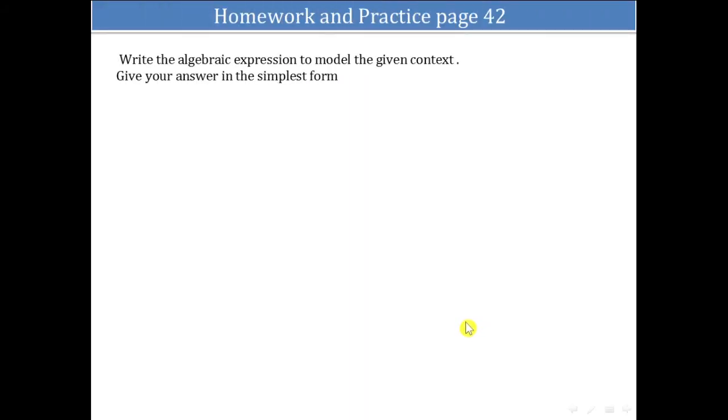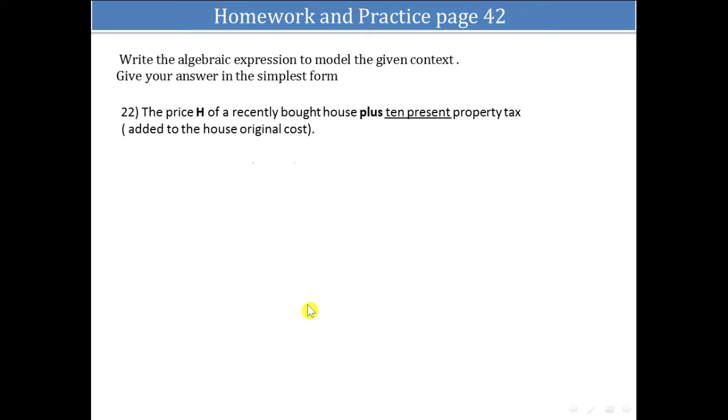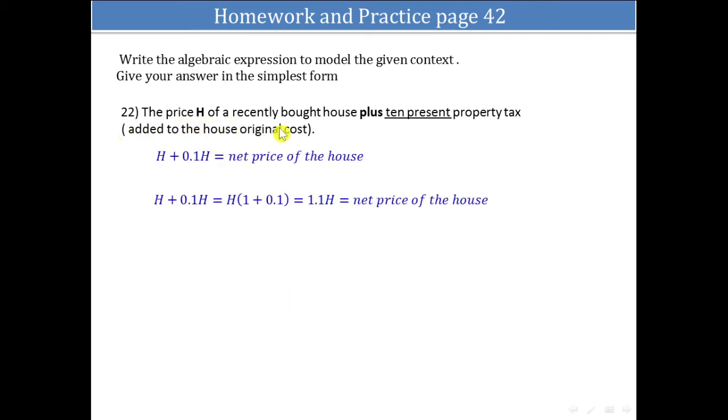Okay, let us take another two questions from the same page, I think. 22. The price of a recently bought house plus 10% tax. Again, there's a tax because there's the original price of the house, and then a tax is added on the price of the house, so the house is now more expensive than before.